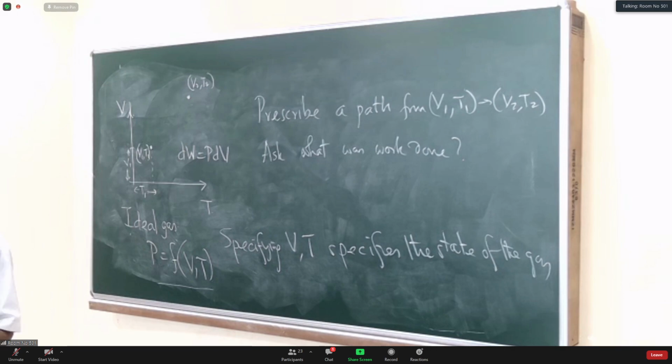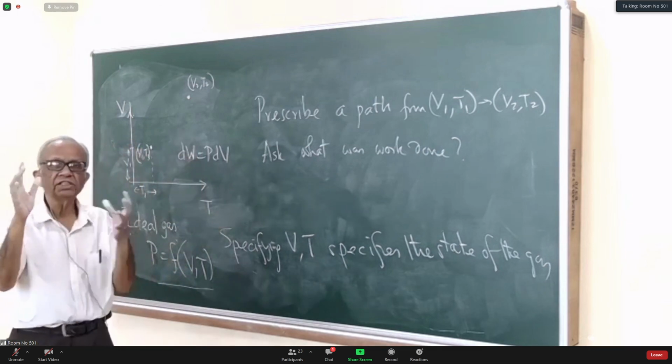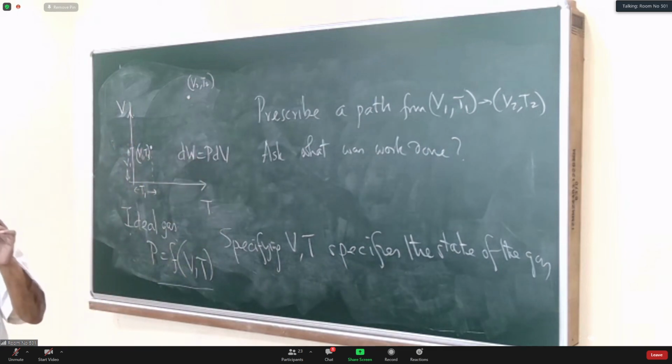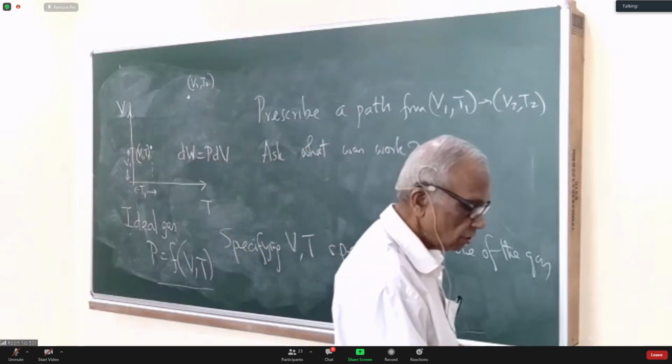But there are issues over here. The process which takes you from here to here is called a quasi-static process. Quasi-static meaning that almost at every point you are in equilibrium. Think about it, and we'll pick it up from there next time. All right.